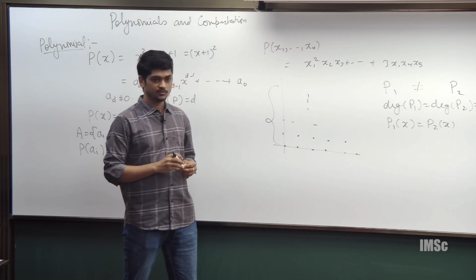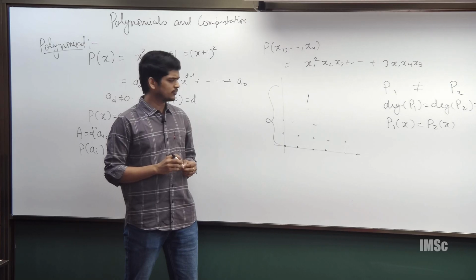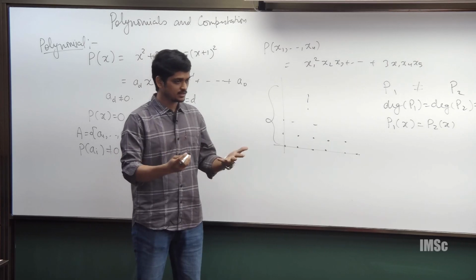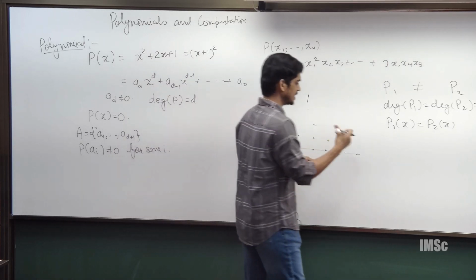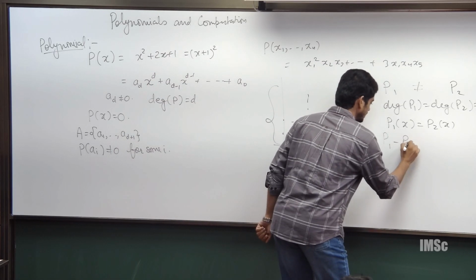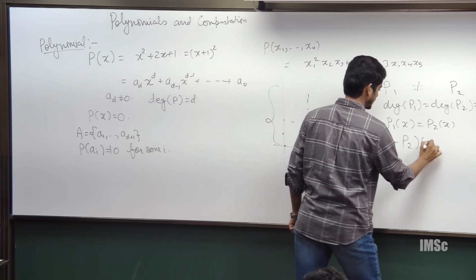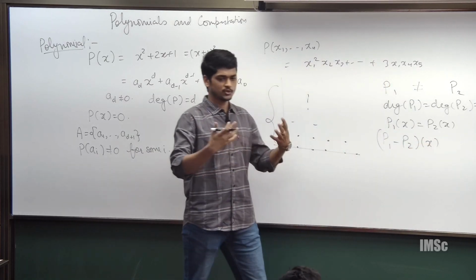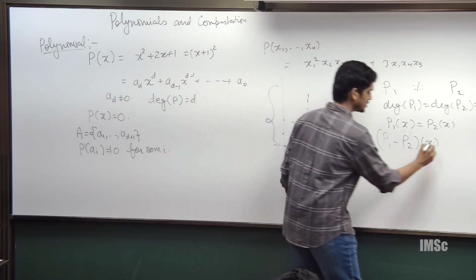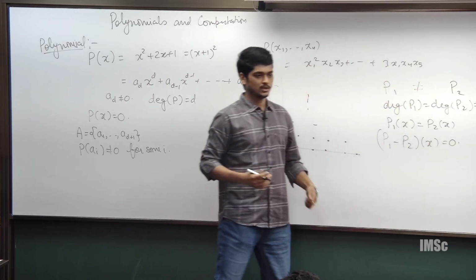So does anybody have an answer for this? Not necessarily d minus 1, d, right? Because what you are saying is I am just going to look at the difference of the polynomials p1 minus p2, this also has degree at most d, and so this can be 0 on at most d points.